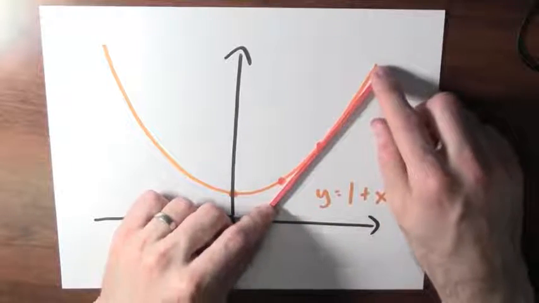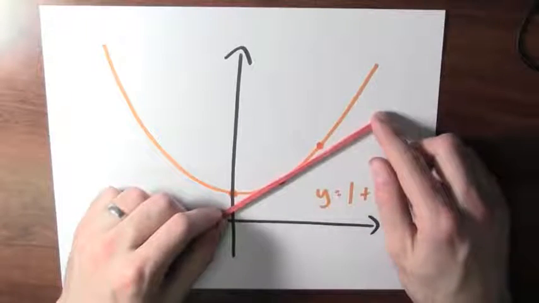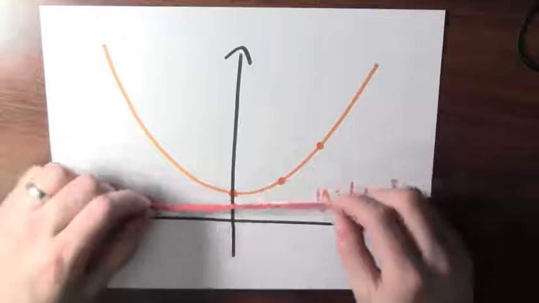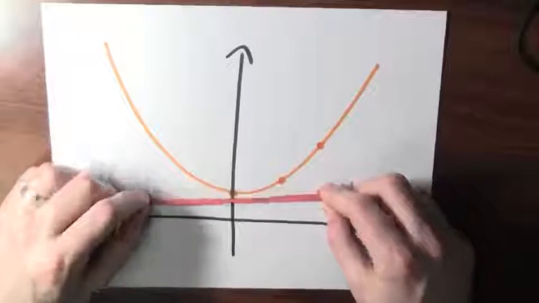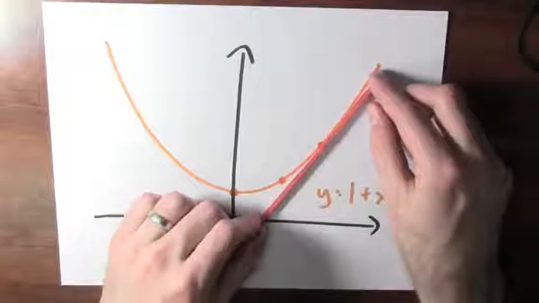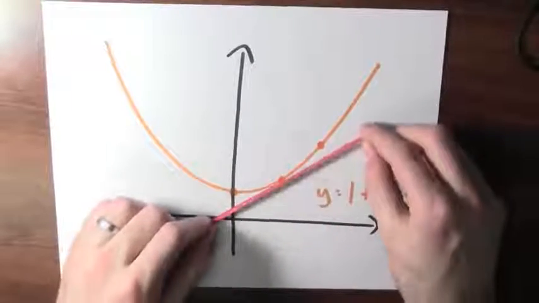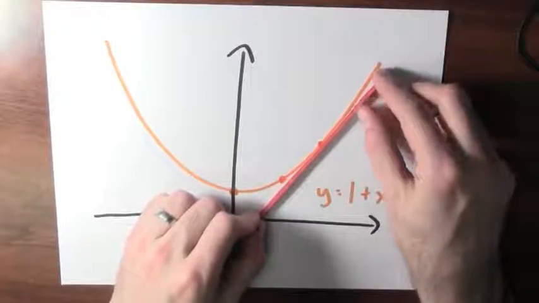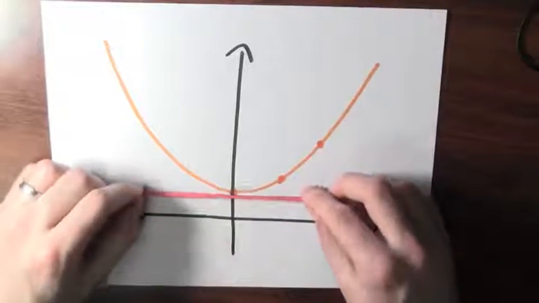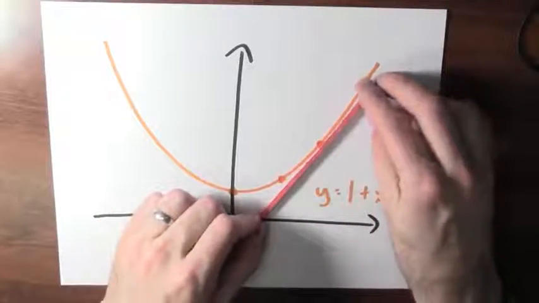The line has more slope than the line through that point. What's going on here is that the derivative is different. Here it's 0, here it's positive, here it's larger still, right? The derivative is changing, and the second derivative is measuring how quickly the derivative is changing.